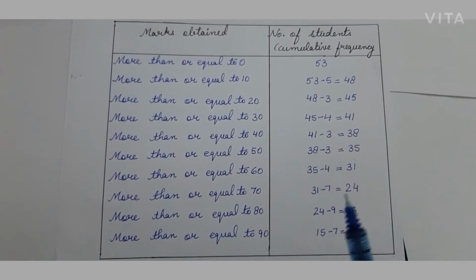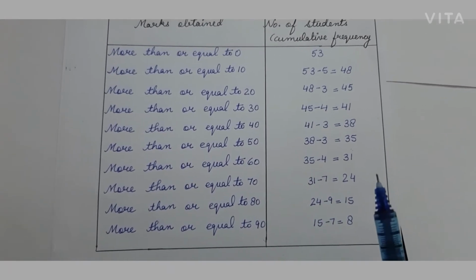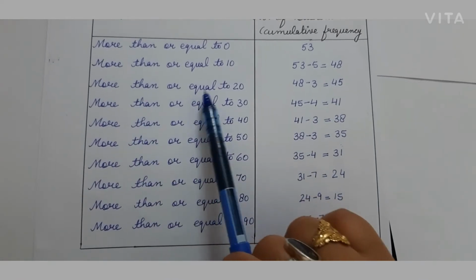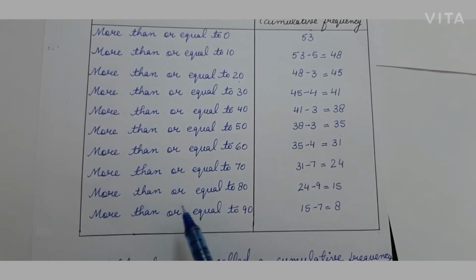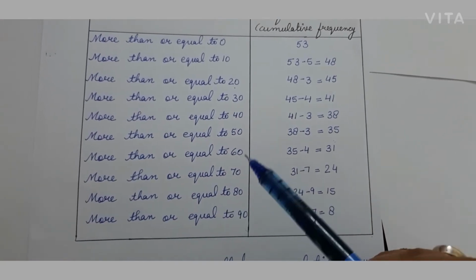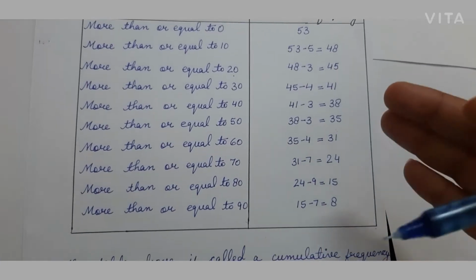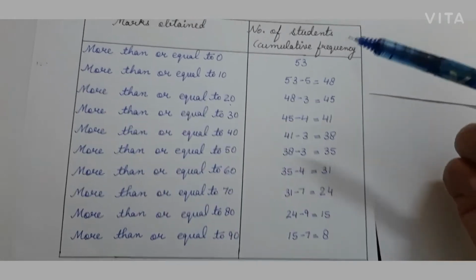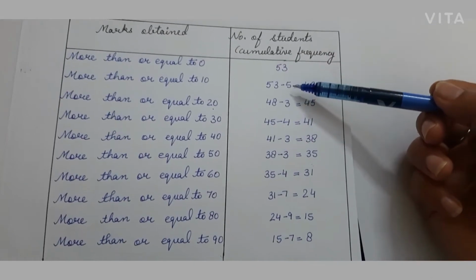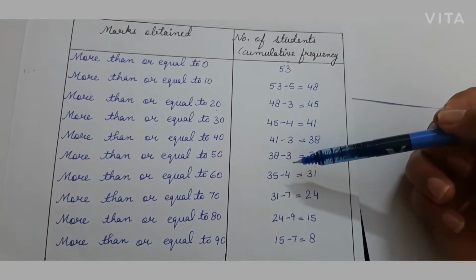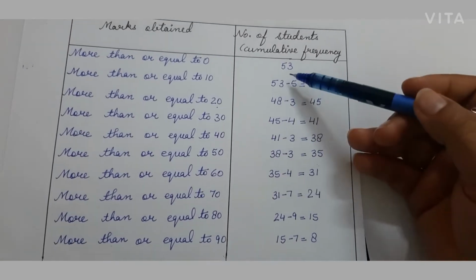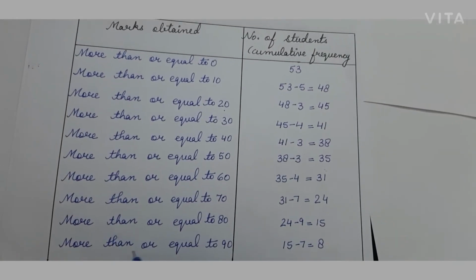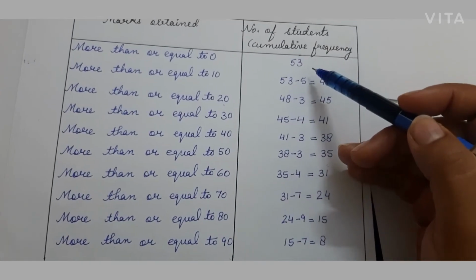Similarly, we can make the table for the number of students with scores more than or equal to 0, more than or equal to 10, more than or equal to 20, up to more than or equal to 90. So here the cumulative frequency will be in the series, in reverse order. Here we have to subtract the frequencies like this. 53 is the topmost, which will be the lowermost in the less than type, it will become the topmost.